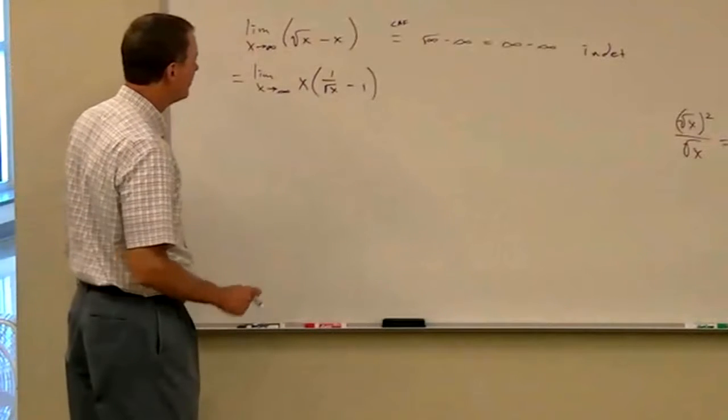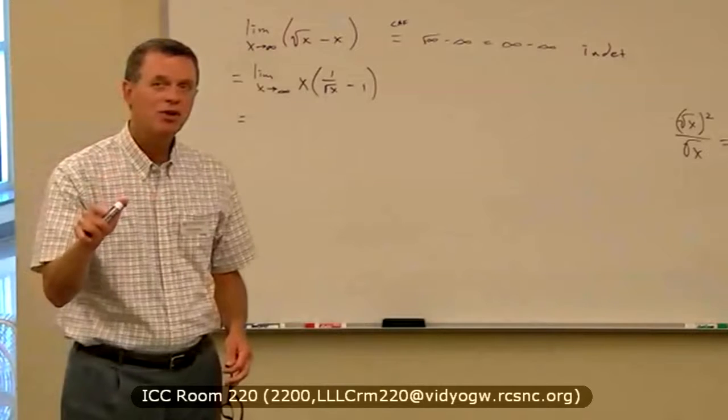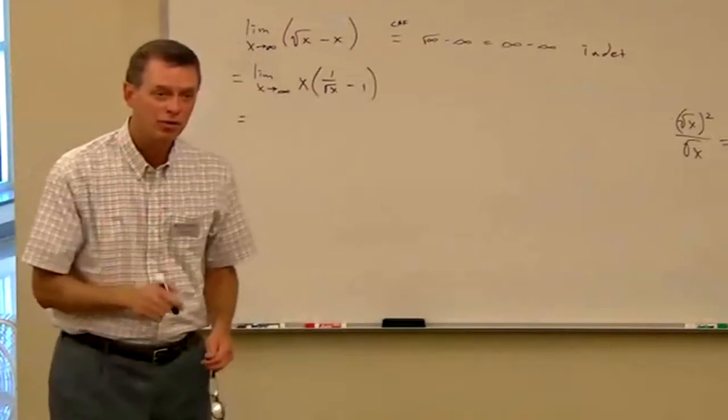So what does this mean? Be careful. There's not a constant multiple here. It's just an x multiplier, but I can use the product rule.